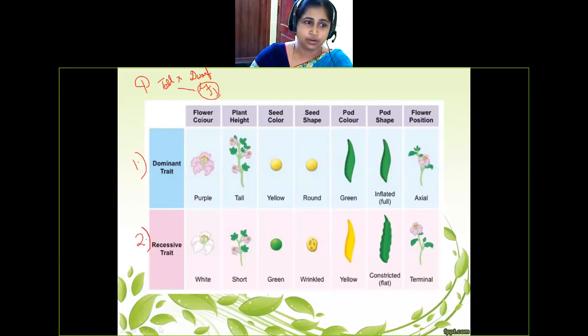So one part is clear, dominant and recessive. Another part I'm going to use, I'll write here. This is very important: phenotype. All these things we call terminology. Phenotype. Another one, genotype.